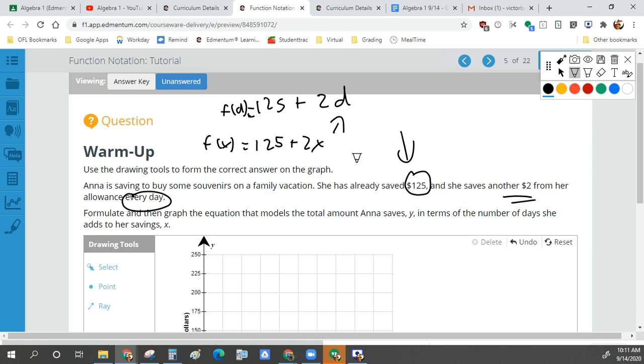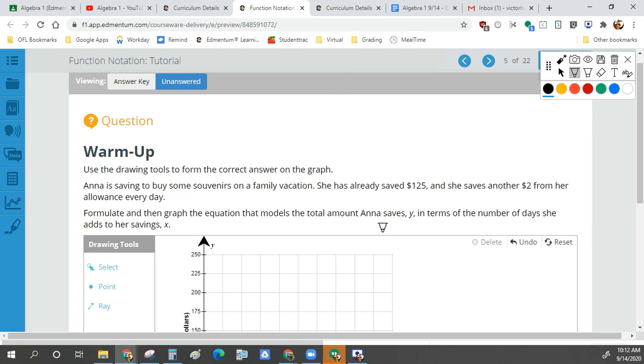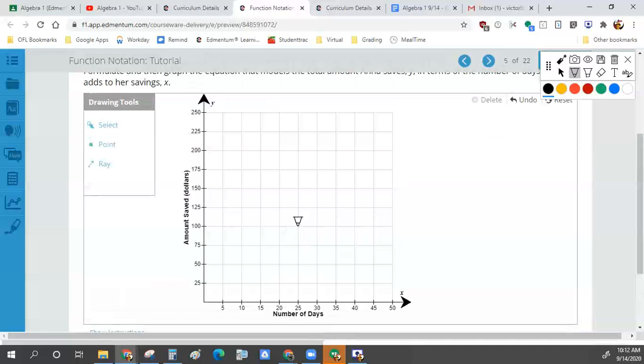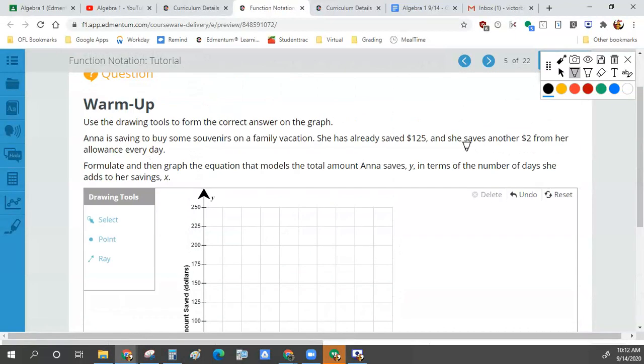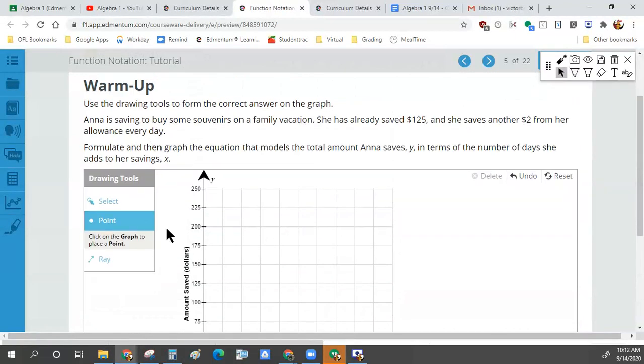And I'm not sure if we've gone over it a lot, but you guys should be familiar with the idea of lines. Lines are y equals mx plus b. So here's our slope, our input, and this is our beginning, where we begin. So if we're graphing this, we're going to start off here. Let me put a point.